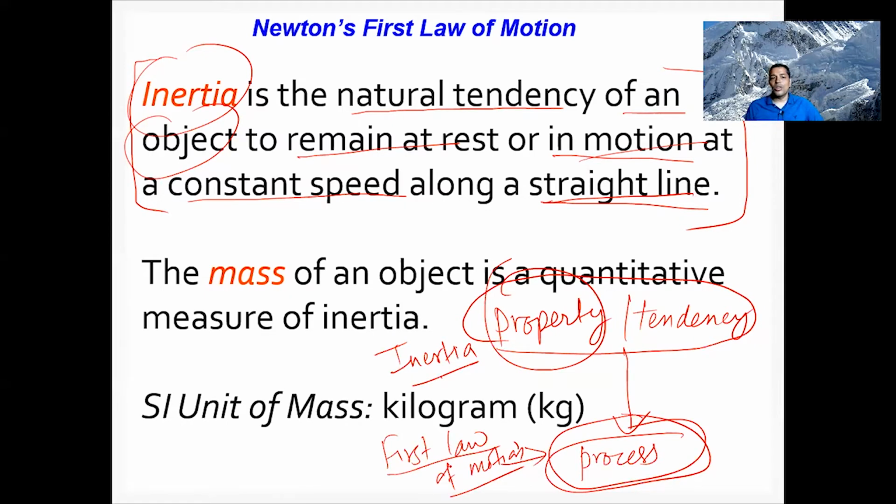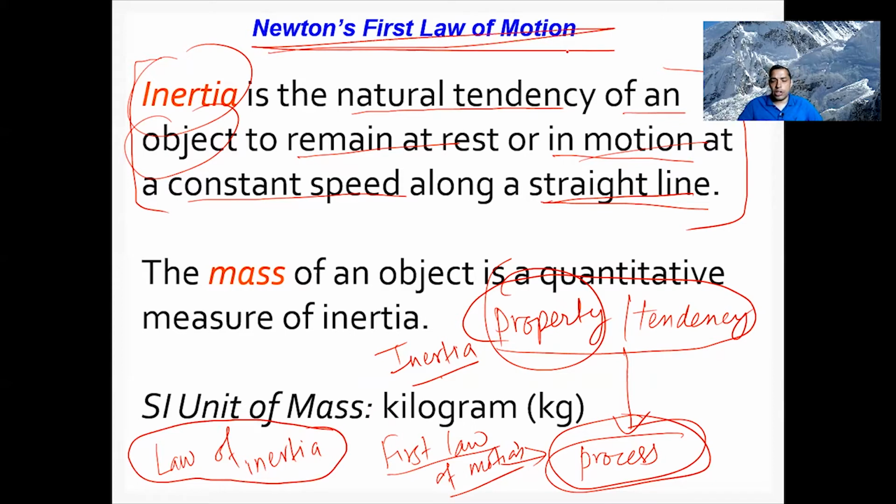So they look similar, but they are not, right? One is property, the other one is process. By the way, the first law of motion is also called the law of inertia. You know why, right? Because they are very similar.